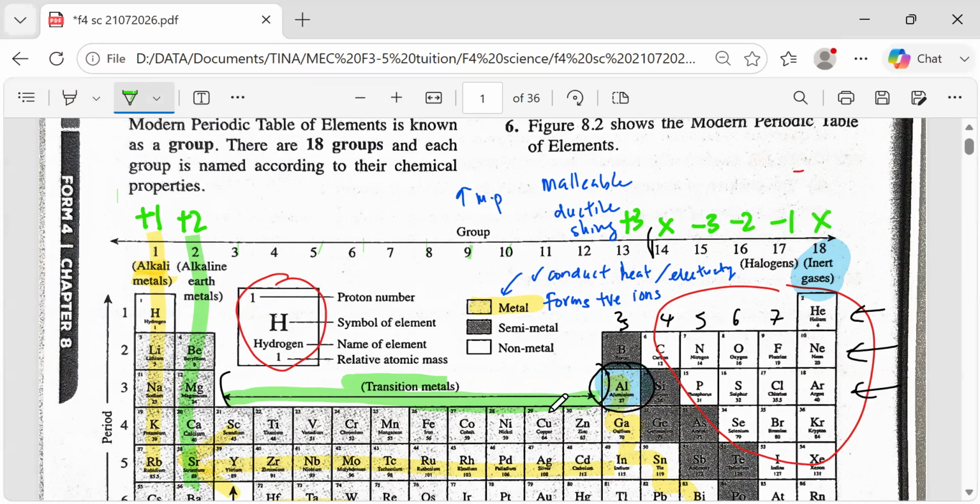They become positive ions, but we don't need to study that, so we only need to remember 1, 2, 13, 15, 16, 17. 1 positive 1, 2 positive 2, 13 positive 3, 15 negative 3, 16 negative 2, 17 negative 1. That's it. Positive 1, positive 2, positive 3, negative 1, negative 2, negative 3. And this is called an ion. Remember? Ion.